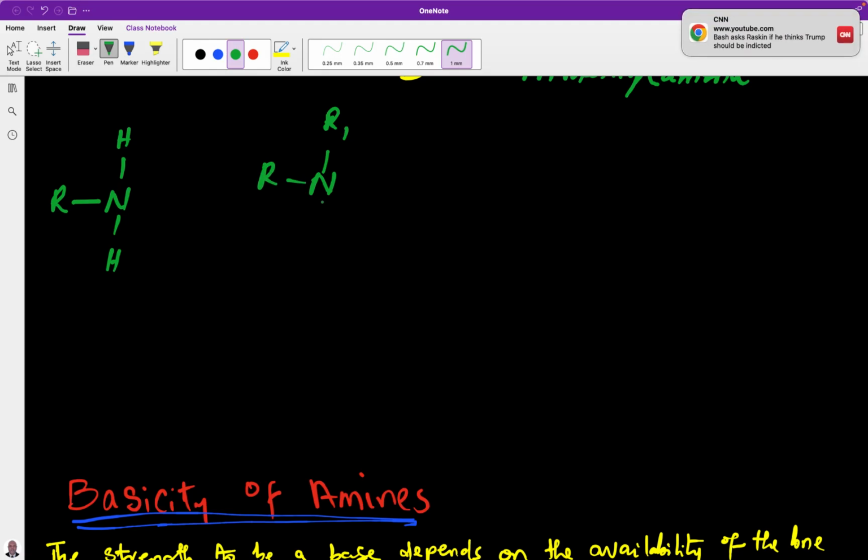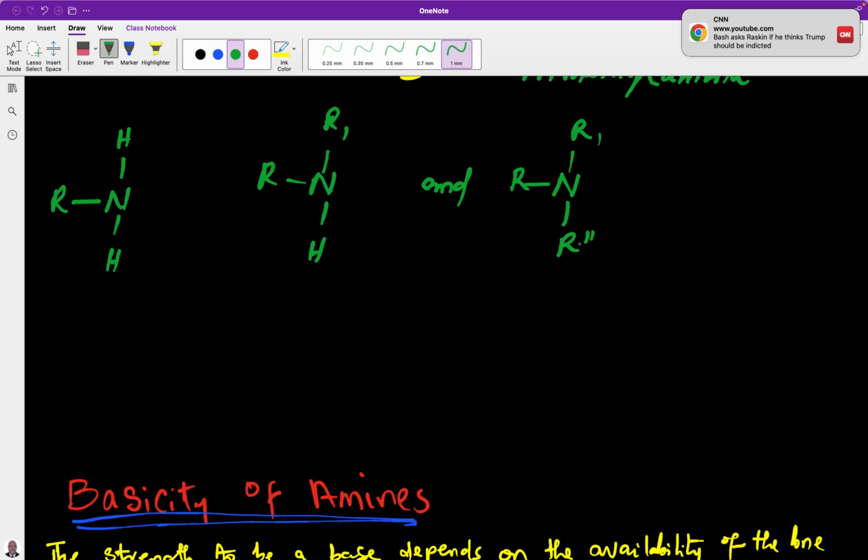This is hydrogen, and this is N. We have nitrogen here, and this R prime, and R double prime.